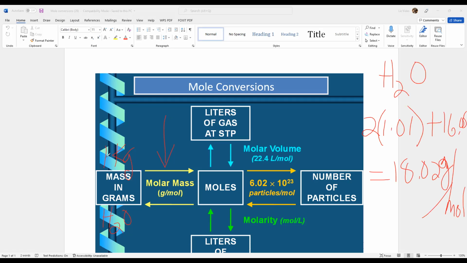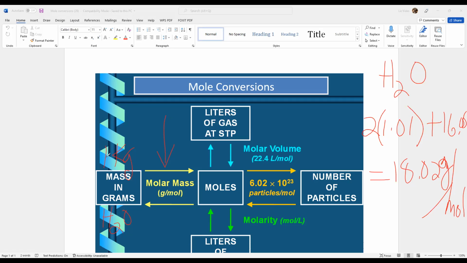So you're thinking, because the density is 1 gram per milliliter, has nothing to do with moles. They just gave you that. You didn't really need it. Now, if they had asked you how much would it be in 1 liter of water, then yes, you would have had to convert.